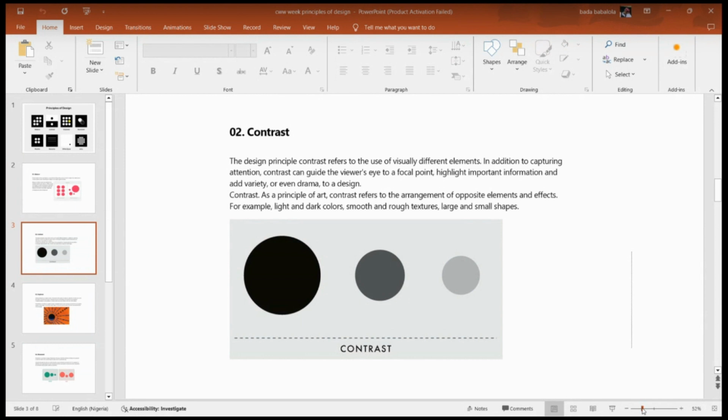Now, contrast as a principle of art or design refers to the arrangement of opposite elements and effects, for example, light and dark colors, smooth and rough textures, large and small shapes. It's like a form of highlighting. Do you get to highlight important information in a design? Probably the designer did not want you to see this. This is one the designer wants you to see.